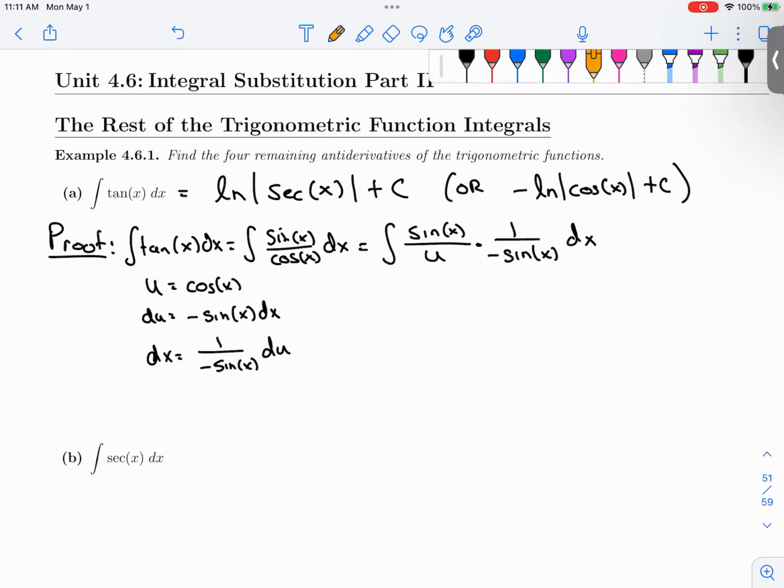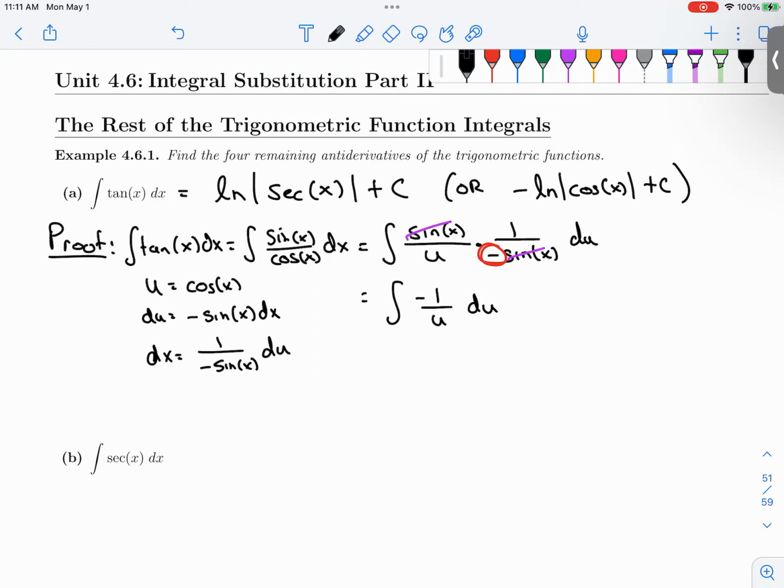So the signs cancel, but don't forget about that minus sign. So this is the integral of negative 1 over u du. Oh, that shouldn't be a dx, that should be a du. I'm sorry. That negative sign sticks around.